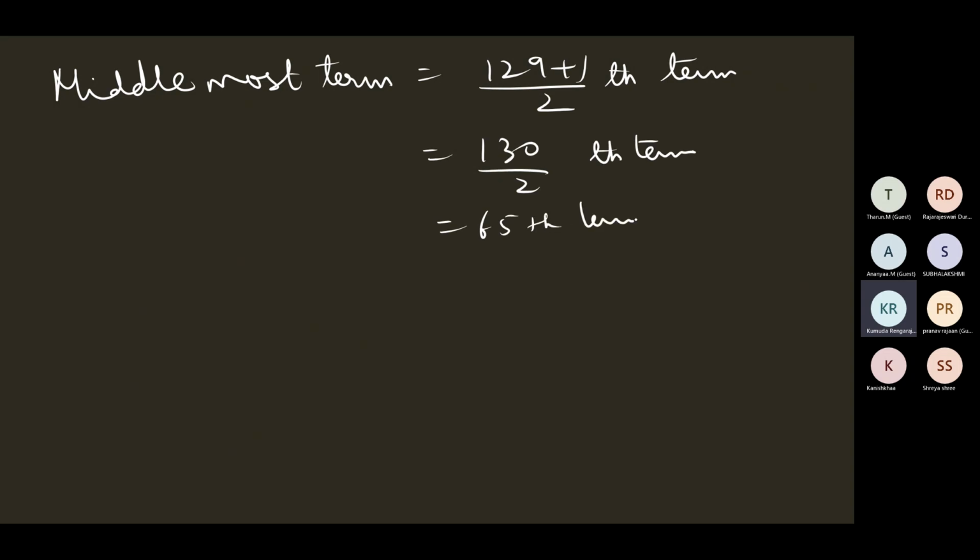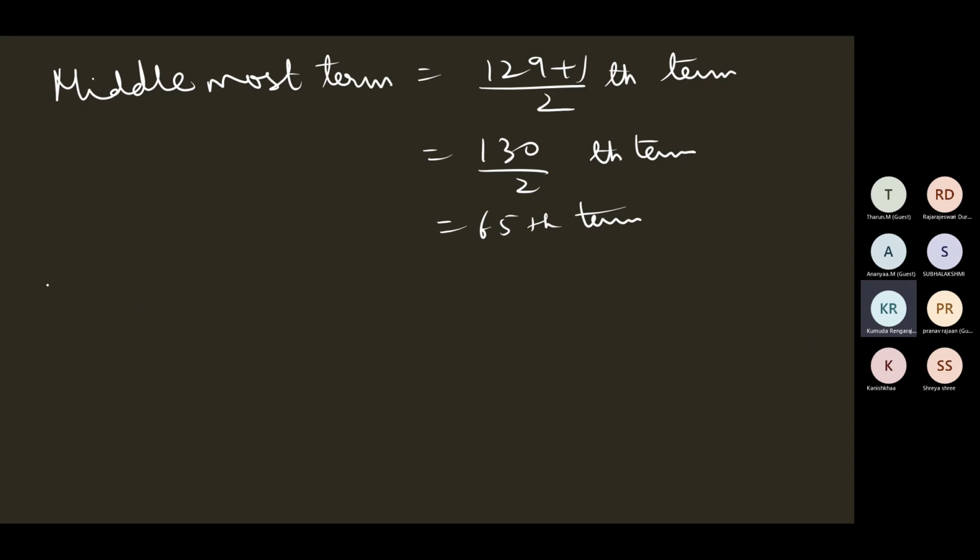The 65th term is the middlemost term. 129 is odd, so add 1 and make it even and then divide by 2. 130 by 2, 65th term is the middlemost term.